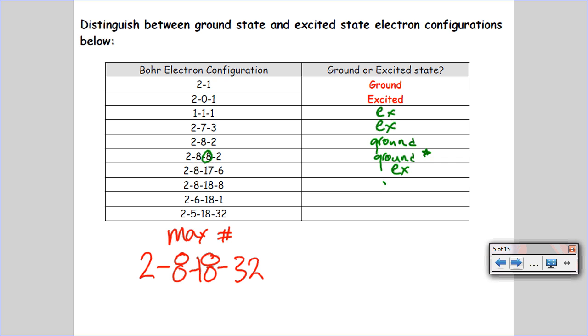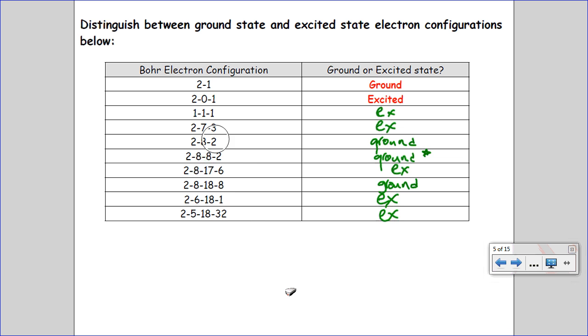That is ground. And then 2-6-18-1. Since this 6 right here is not an 8, we have to say that's excited. And 2-5-18-3-2. Well, this 5 right here should be an 8. Therefore, it's excited.